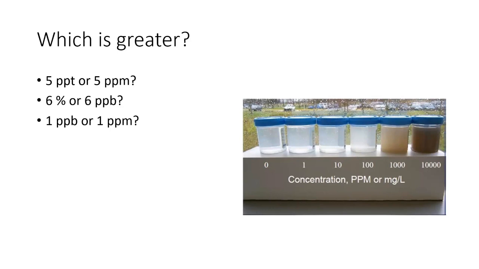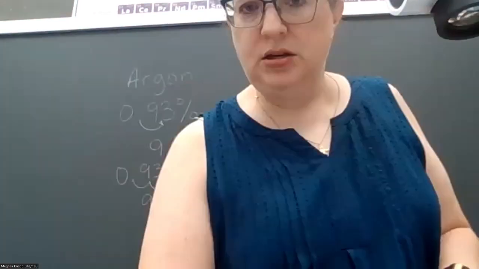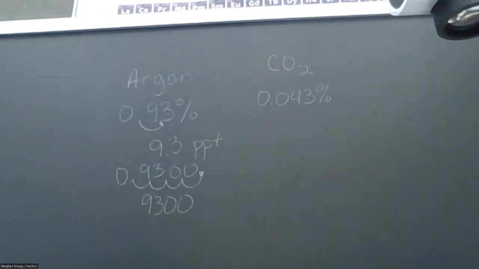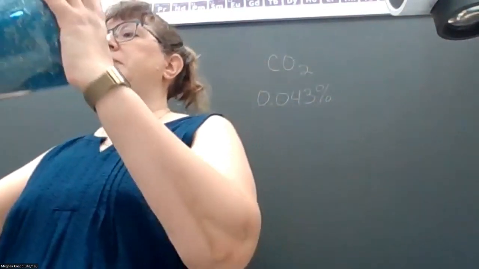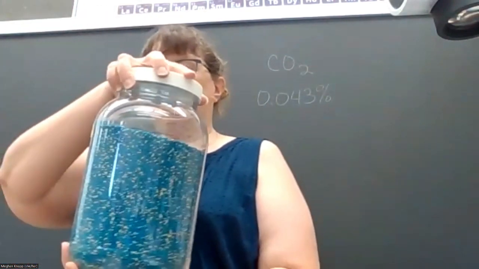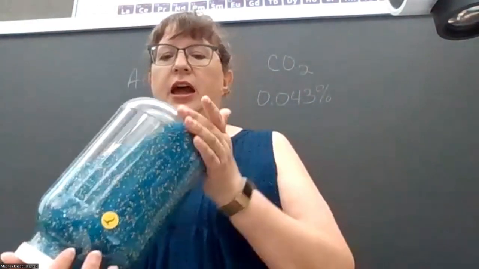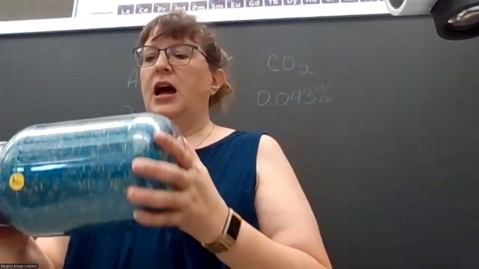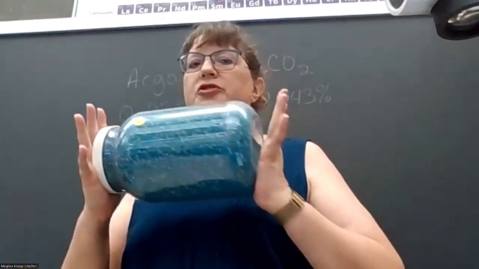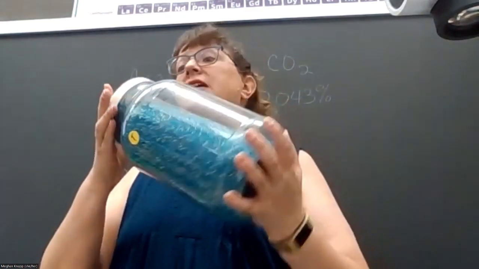Okay, so I have a couple of what are called beaker bottles. This one has 1 million beads in it, and there are beads of different colors. I'll pass this one around and you can look for the different things. Aside from the blue, what color do you see the most? The yellow.